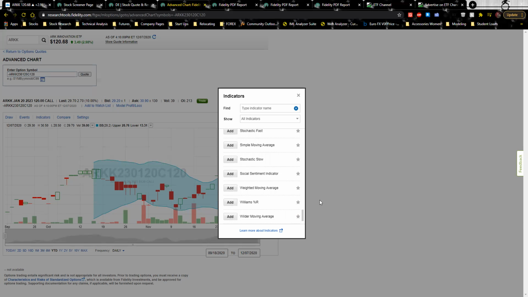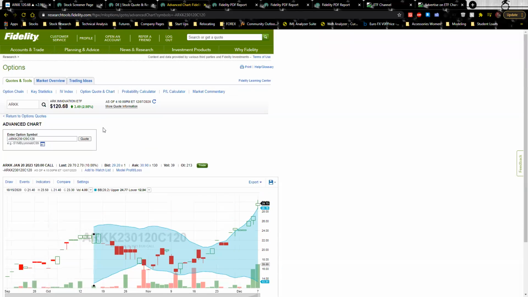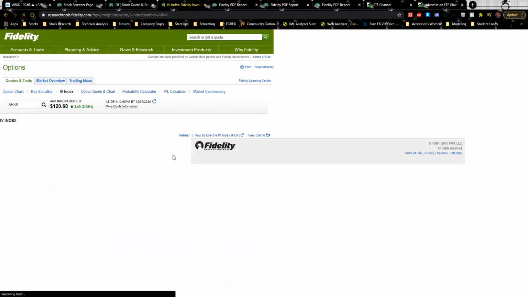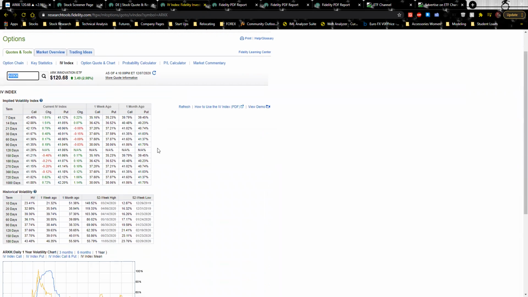Where is it at? Oh, you know what? I'm tripping. So here's where you can look at the IV index and you can look at the implied volatility with the historical. By looking at this, you kind of see what kind of range you're in here.